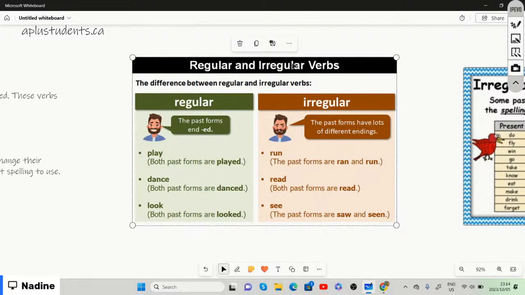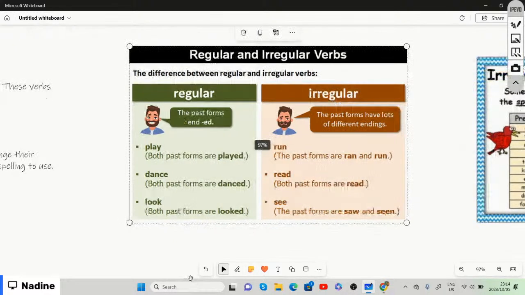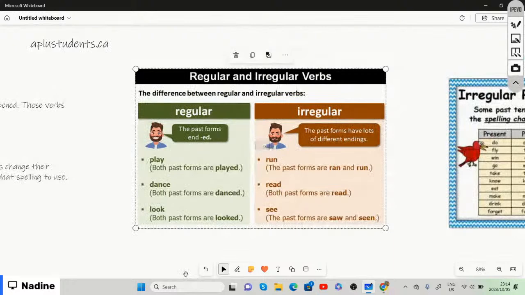So the difference between regular and irregular verbs: when it comes to regular verbs, the past tense form ends in ed. With regular verbs, there's basically a rule that they need to follow where you just add an ed and then it will show that this word is in the past.